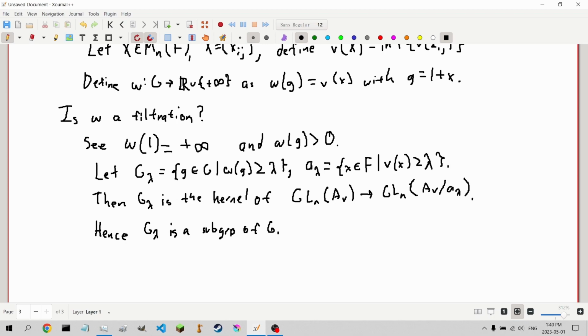So, all that's left to show, I guess I should write that down, is that the commutator subgroup generated by G lambda and G mu is inside of G lambda plus mu.